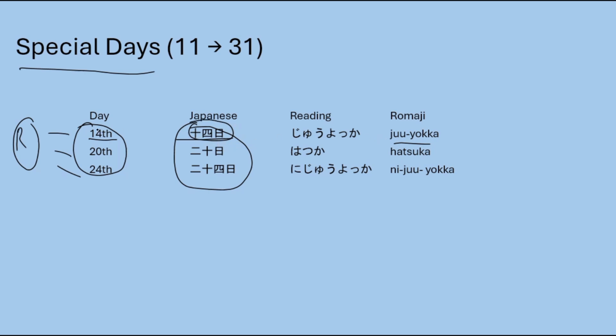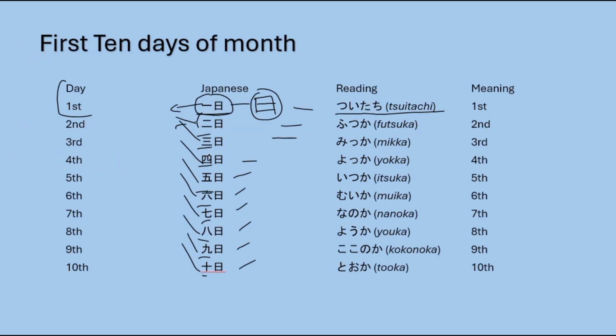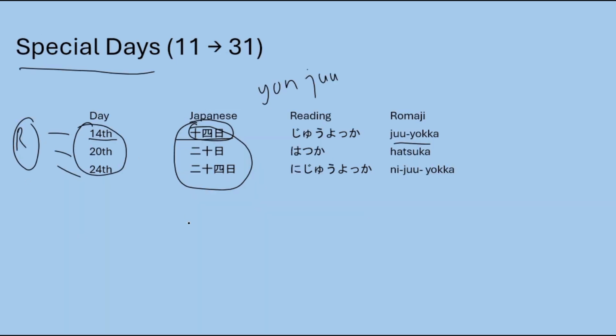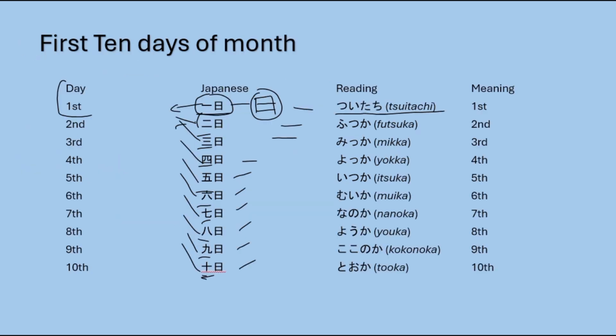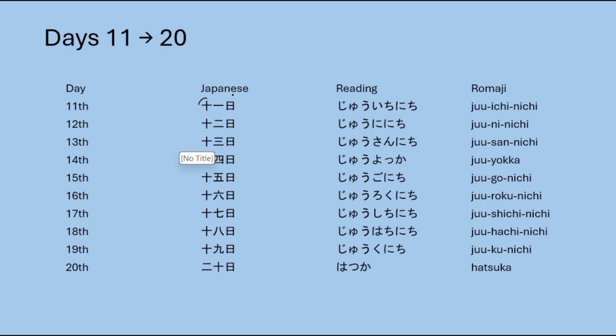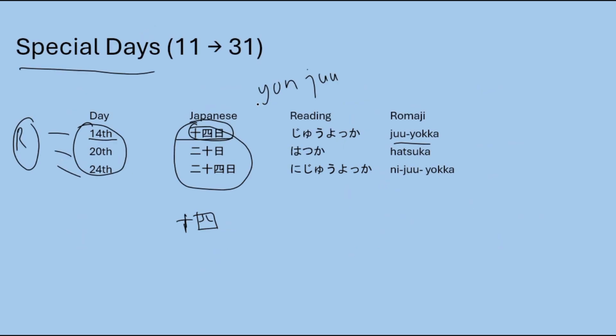If you say 14, which is Ju, Yon, Juyon is 14. So if we see how we write Ju, it is like this, and how we write Yon is this kanji character, as you can see here. So this is also a combination of kanji characters.